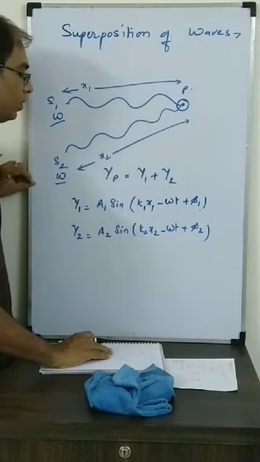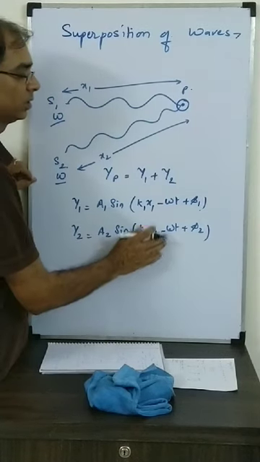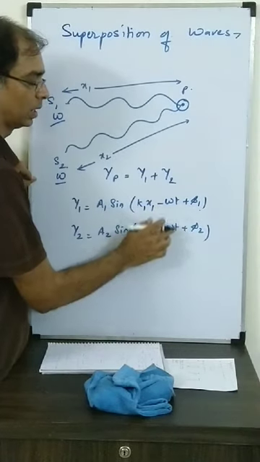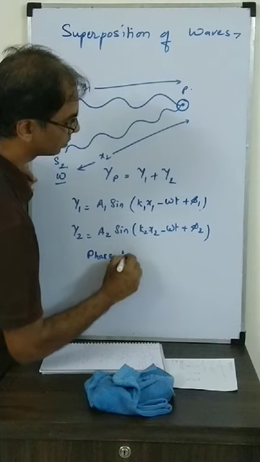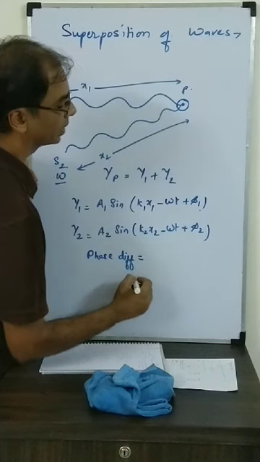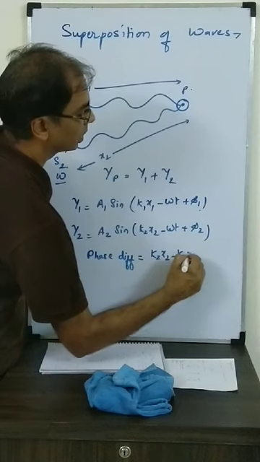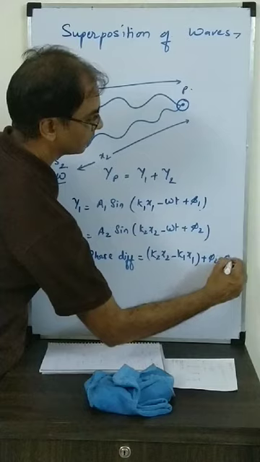Now if you want to know the phase difference between the two, it will be the difference of these two. Omega t is the same, so that will get cancelled. So the phase difference between the two will come as K2 x2 minus K1 x1 plus phi 2 minus phi 1.